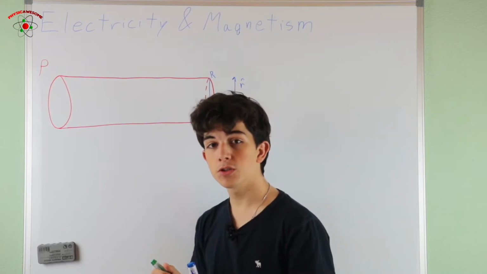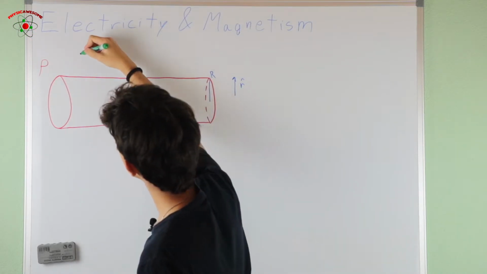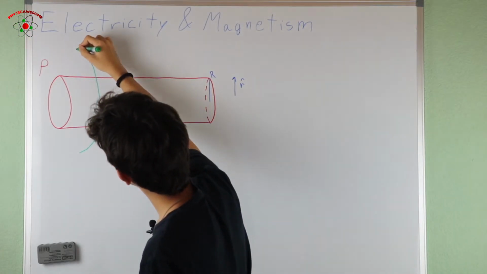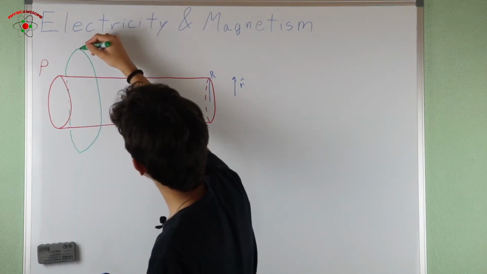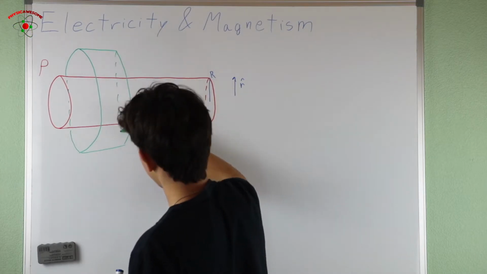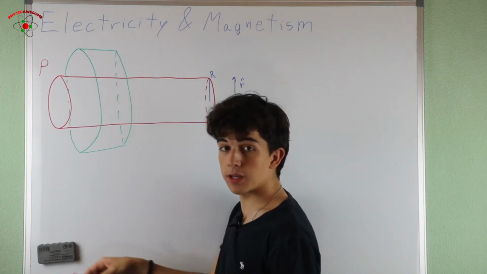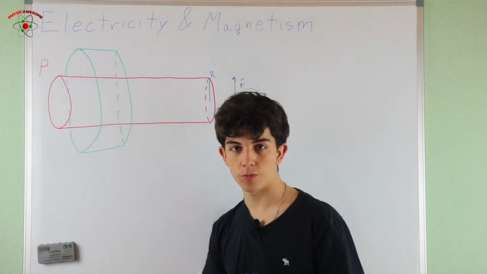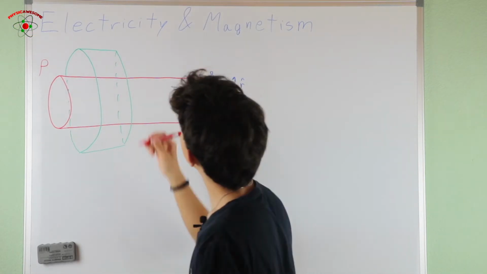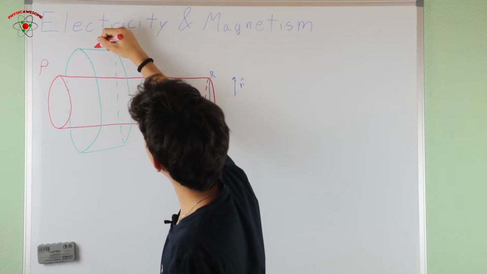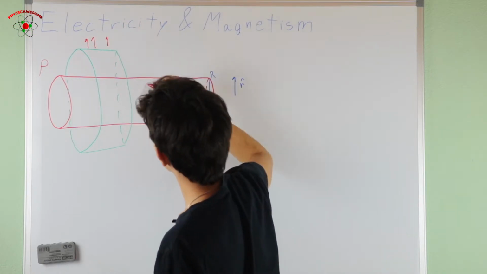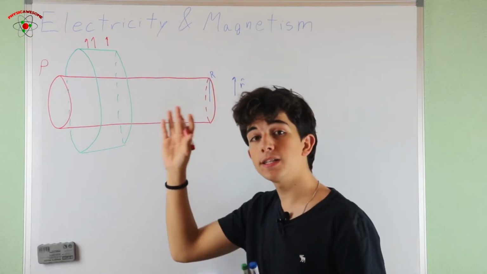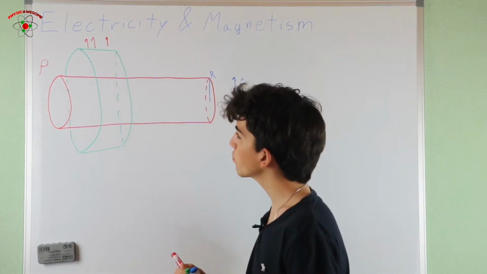Let's start by considering the outside of the cylinder. In that case, we're going to define a Gaussian surface that's going to be once again a cylinder. So you can easily imagine the electric field is going to be very similar to the one we had with our wire. It's going to be pointing radially outward over here, and on the inside we're going to have the same thing, radially outward, but at a smaller magnitude.